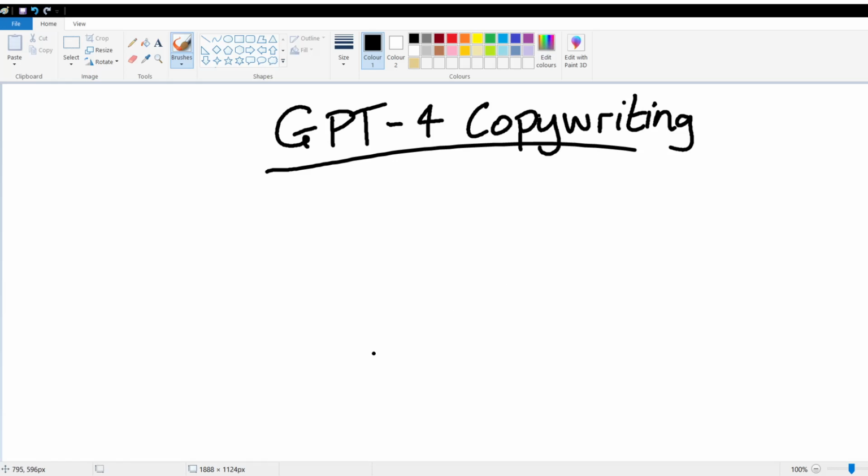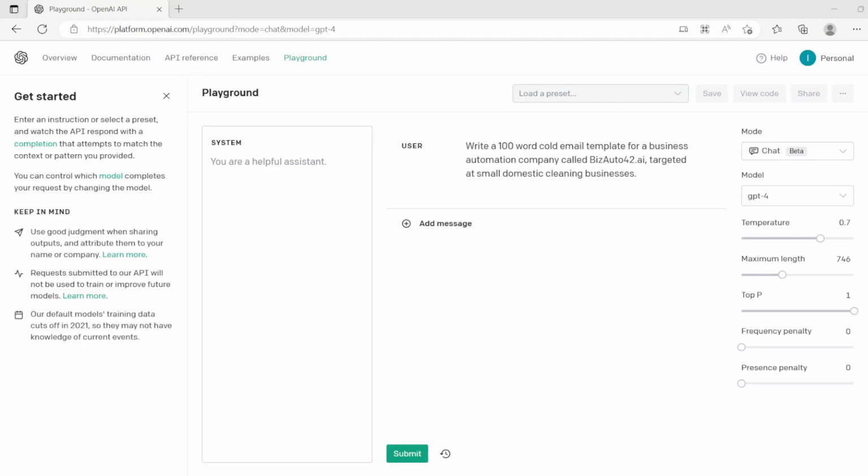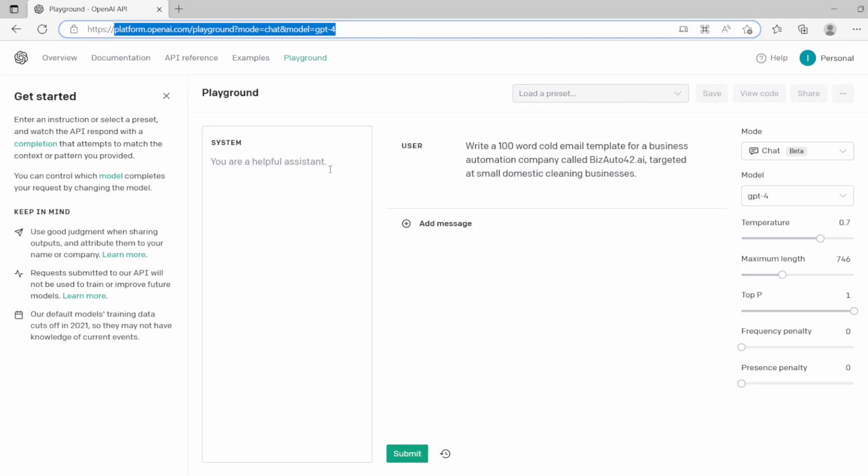I tend to use the playground version of it. So here it is, platform.openai.com. If you've got access to the API version, then you can go into it in here. And what they've got is the system prompt.